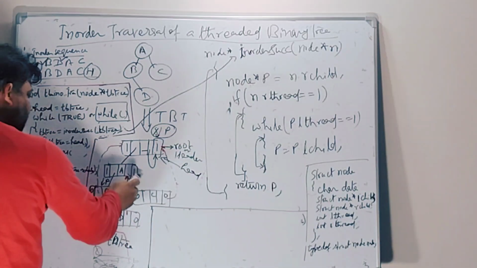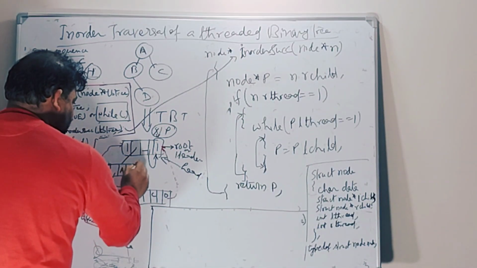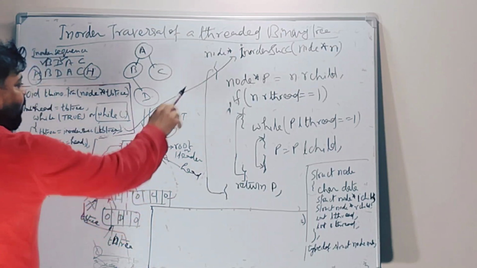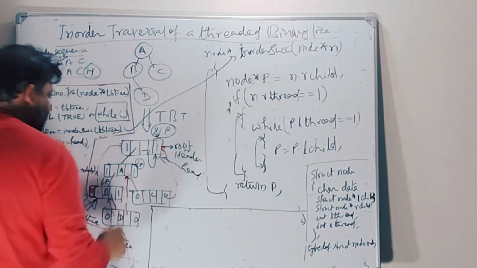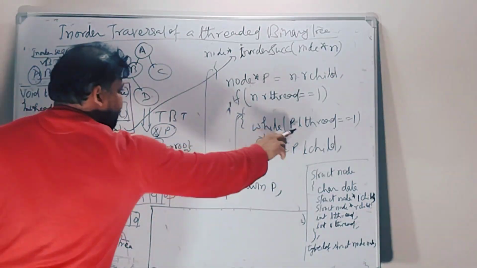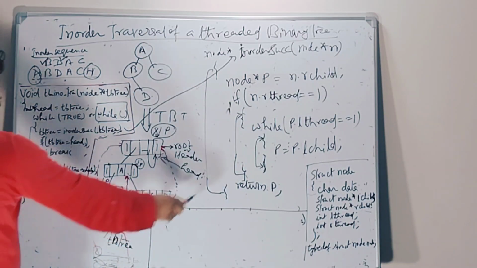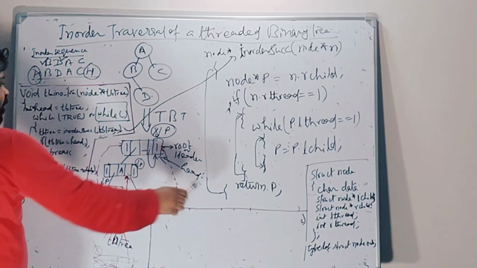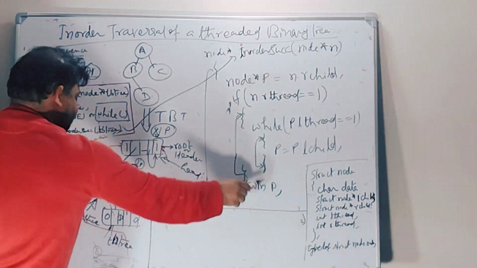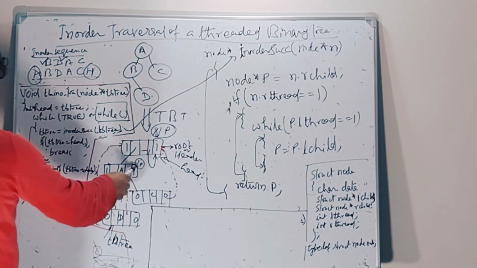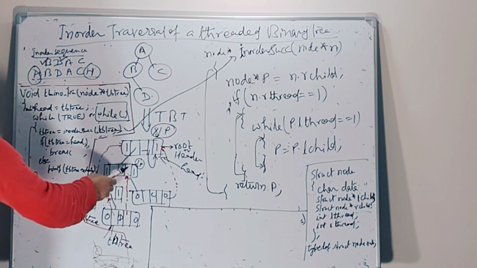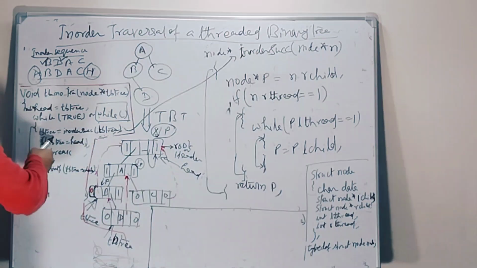So the right child is pointing over here, so this will be like your P. For example, I am using it here simply to run this code, so it will be P, and now it will check whether P's L thread is equal to 0. Here P's L thread is equal to 1, it is not 0. So in that case this condition will terminate and it will return P. So the return of P will be A.